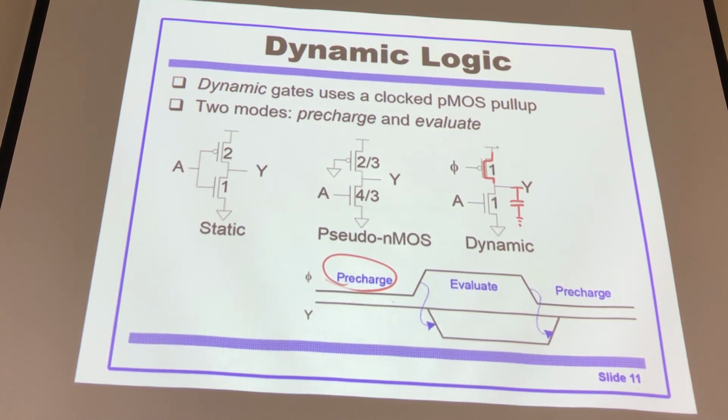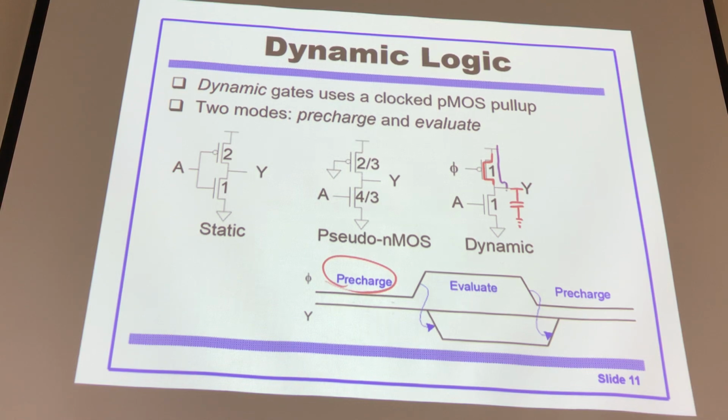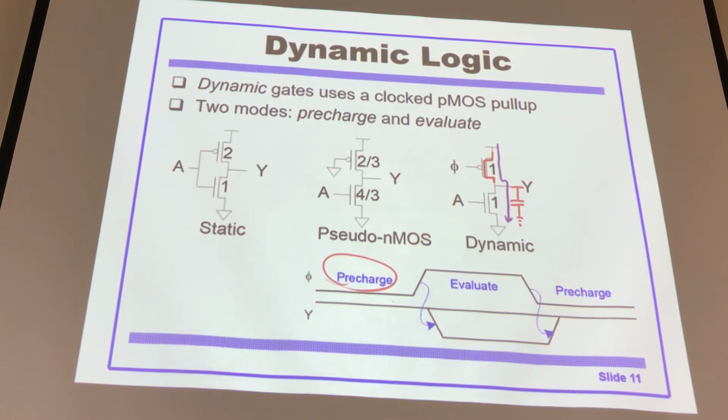There's going to be a current from VDD to charge the capacitor such that you're going to accumulate more and more charge.